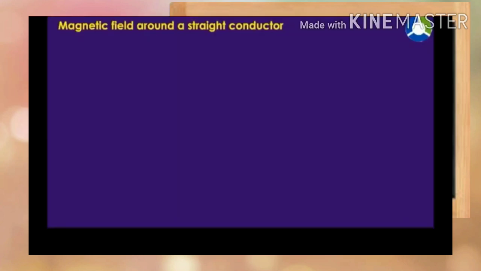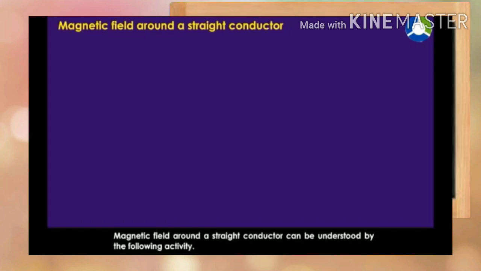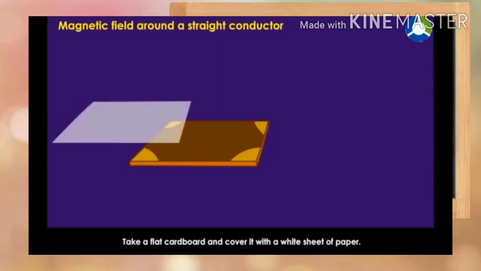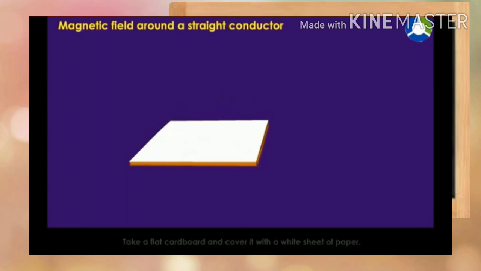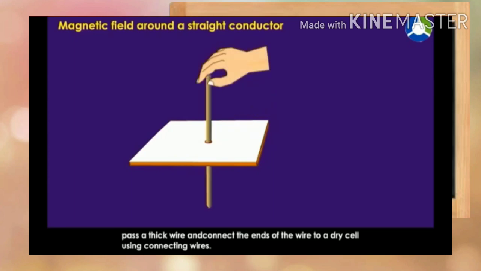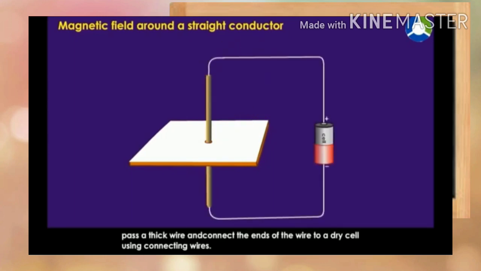Magnetic field around a straight conductor. Magnetic field around a straight conductor can be understood by the following activity. Take a flat cardboard and cover it with a white sheet of paper. In the middle of the cardboard, make a hole and through it pass a thick wire and connect the ends of the wire to a dry cell using connecting wires.